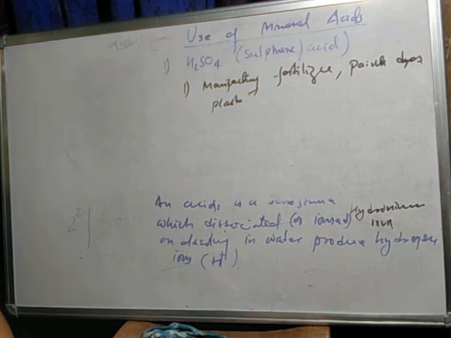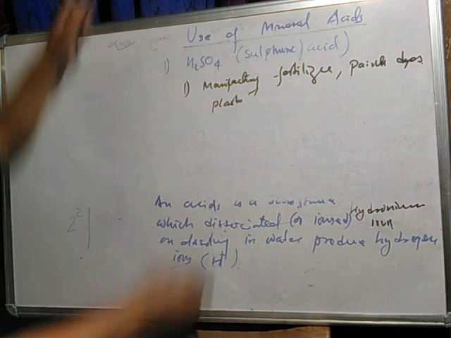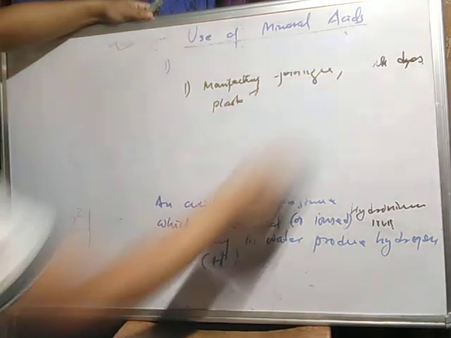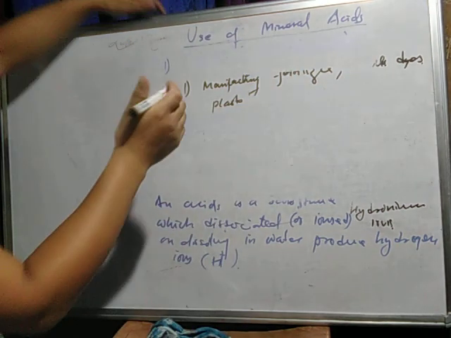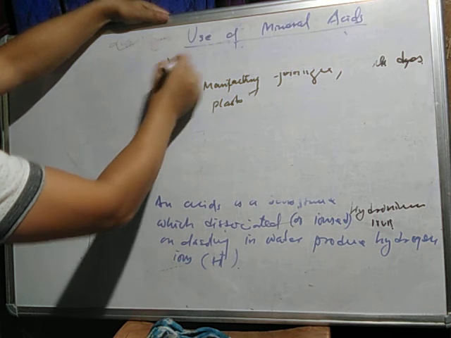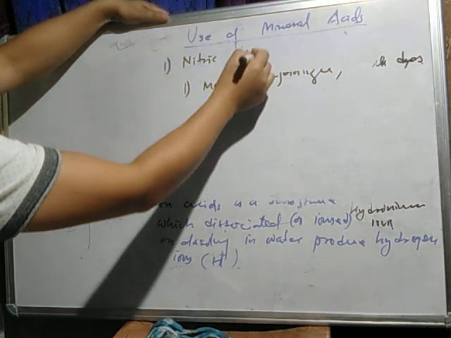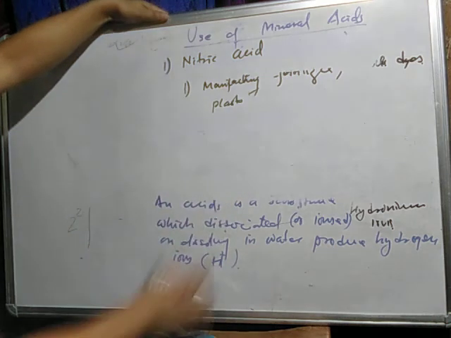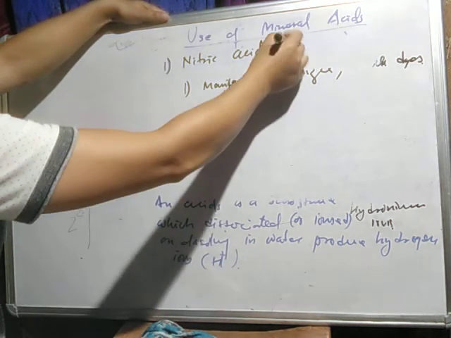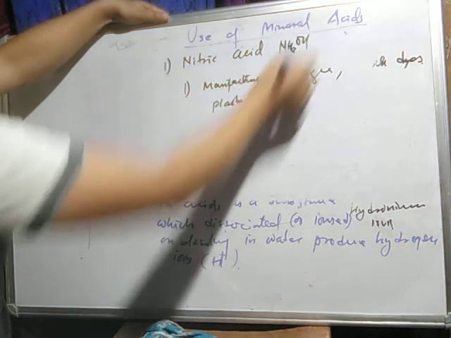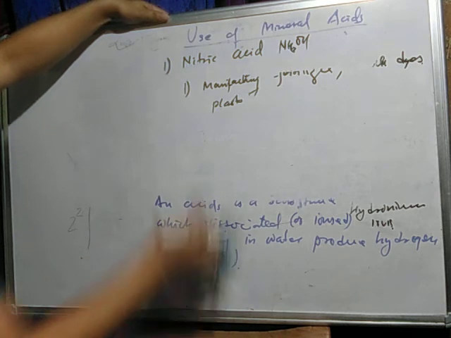So next mineral acid is your nitric acid. So write down nitric acid. This is your nitric acid.